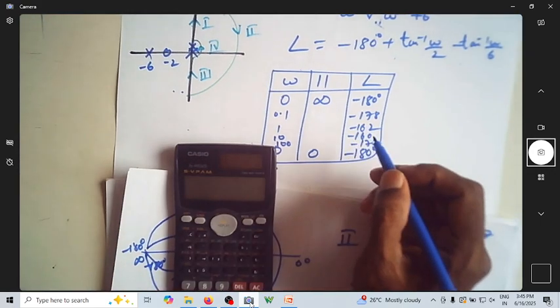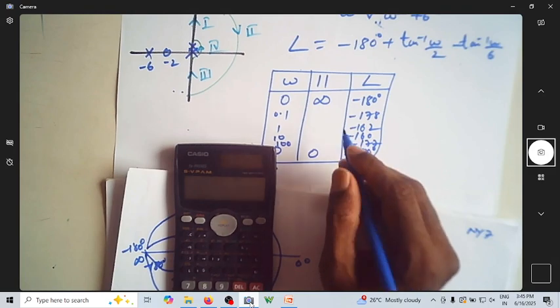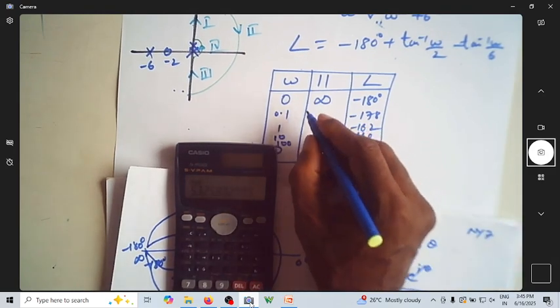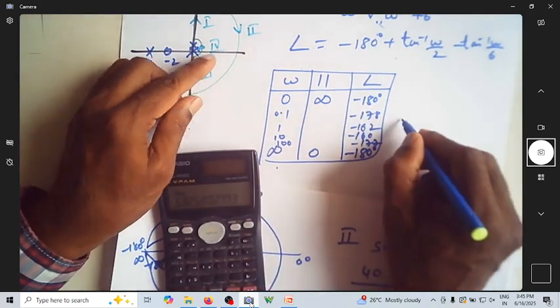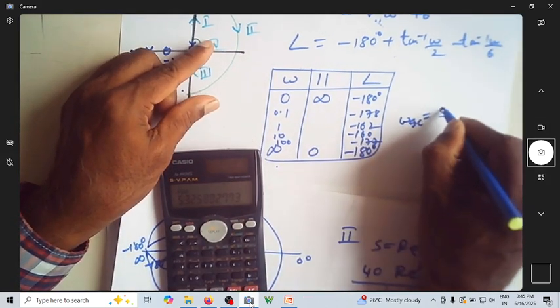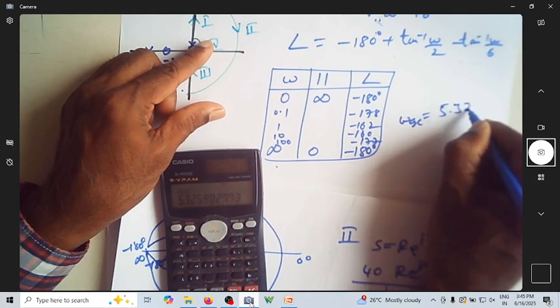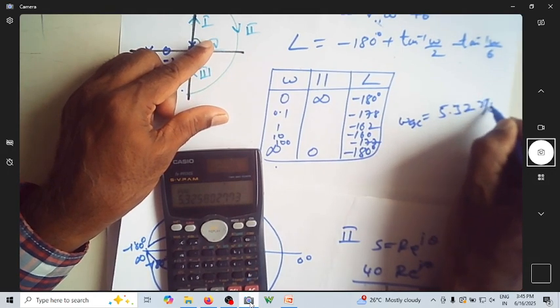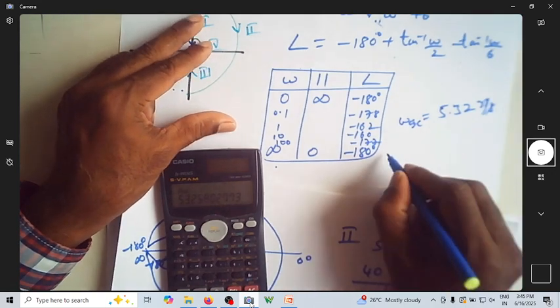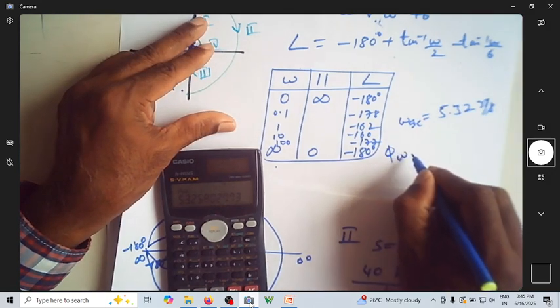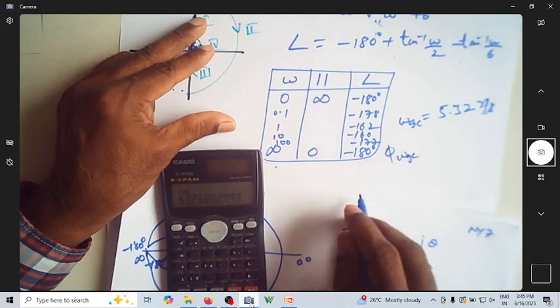So this is the magnitude, and at omega gc, omega gc is 5.32 radian per second. At that point, what is phi at omega gc?